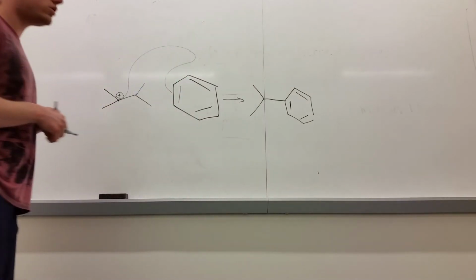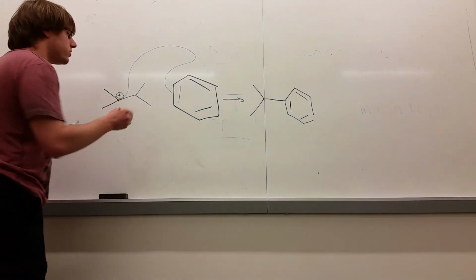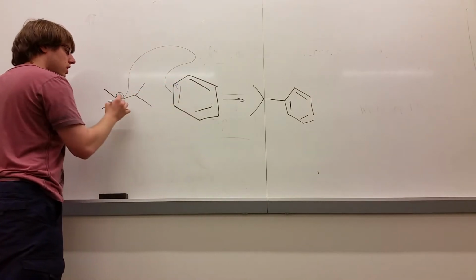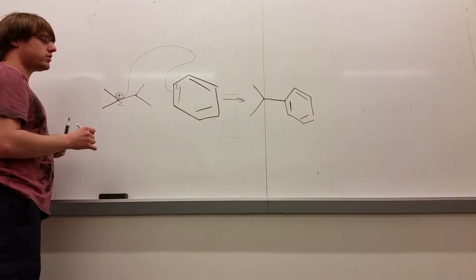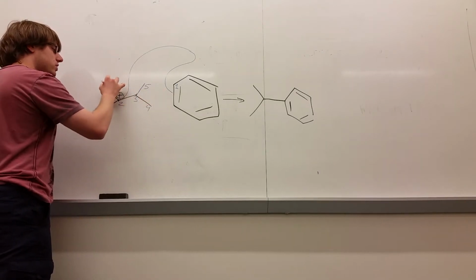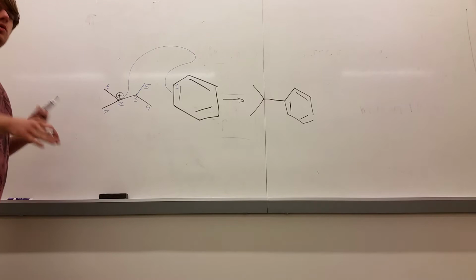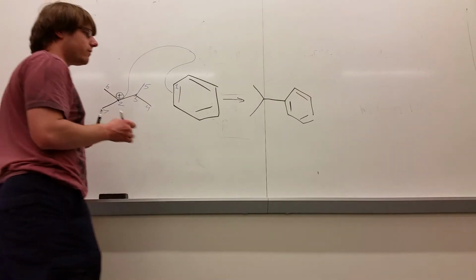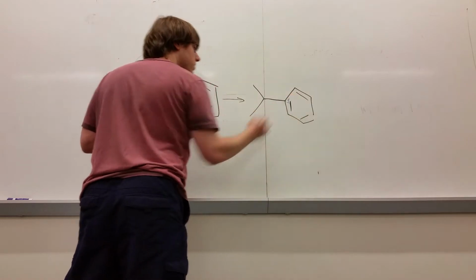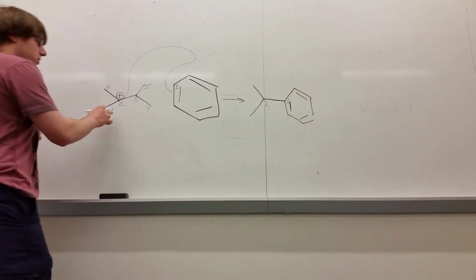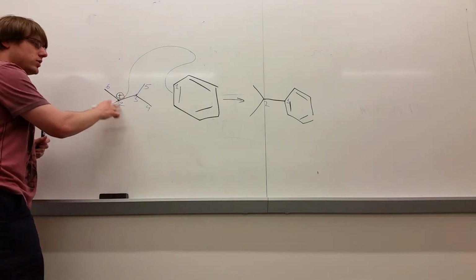Now, when you do this reaction, number your carbons so you can keep track of them. Let's say this carbon that I'm attaching to is carbon 1, and then this carbon over here is where that carbon is attaching to, carbon 2, 3, 4, 5, 6, 7. Remember, these numbers don't have to be in order. They are just markers to keep track of where things end up getting connected. So carbon 1 was the benzene, carbon 2 is where I added, carbon 7 and 6 were attached to 2 as methyls.